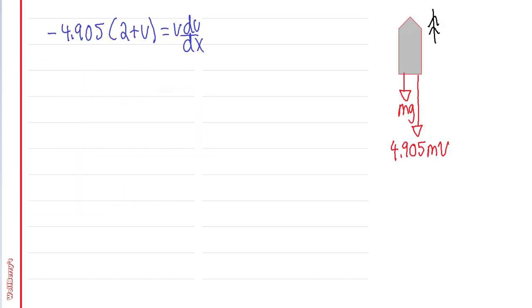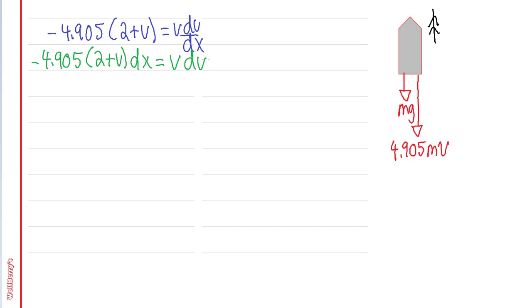Part B says that we need to solve the differential equation that we derived in part A. The first thing we have to do is separate the variables. So let's start by multiplying both sides by dx. The equation becomes minus 4.905 times 2 plus v, multiplied by dx, equals v dv.